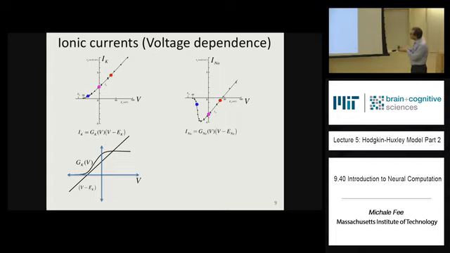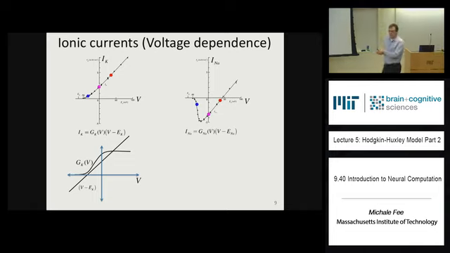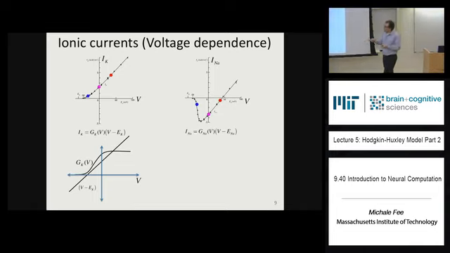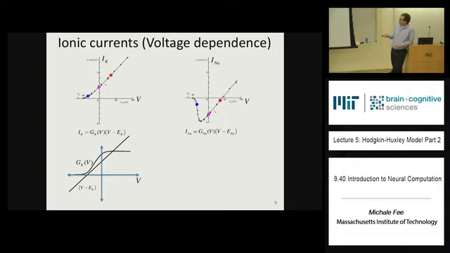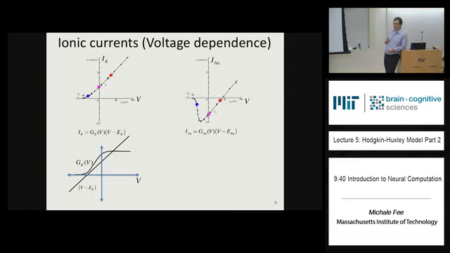Okay, that's a great question. So maybe you can answer it. How would I change the conductance curve to make this look more like this? I could do something very simple to the voltage dependence of the potassium conductance to actually make it look like that. What would I do?